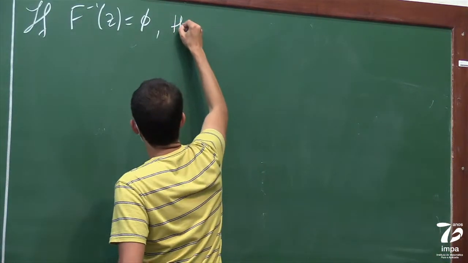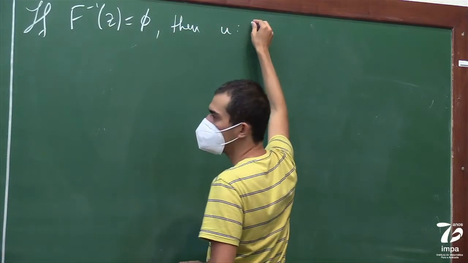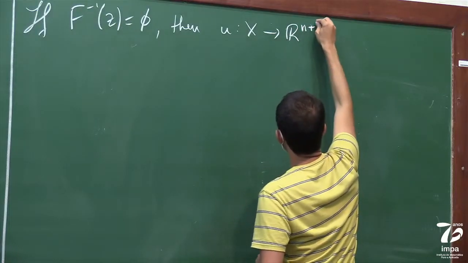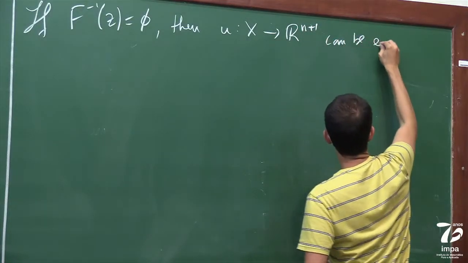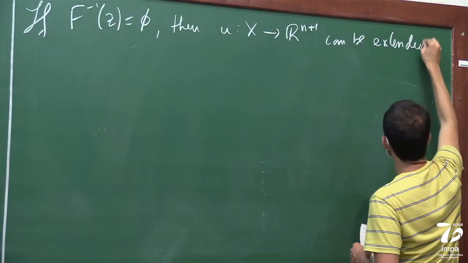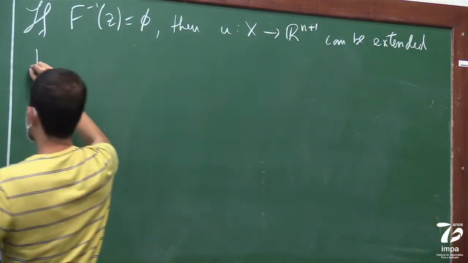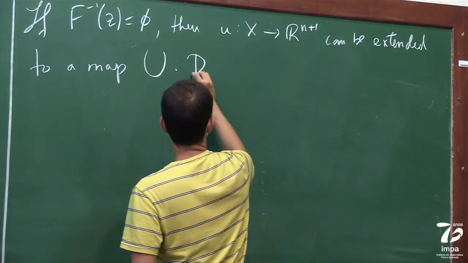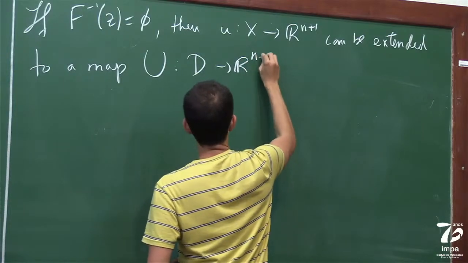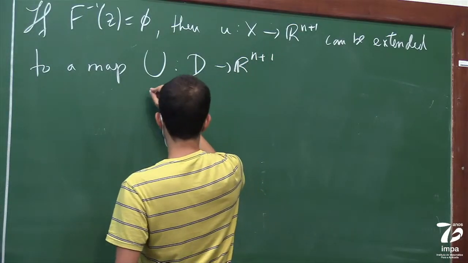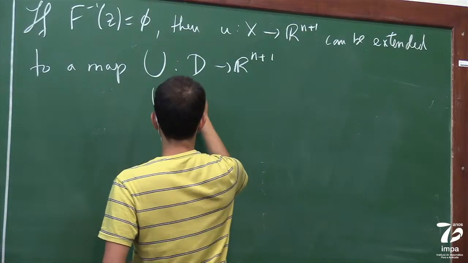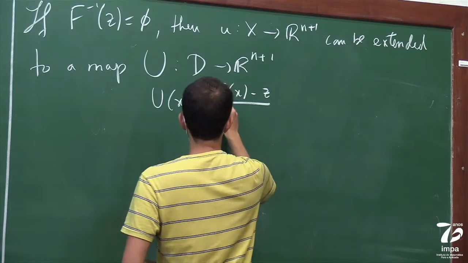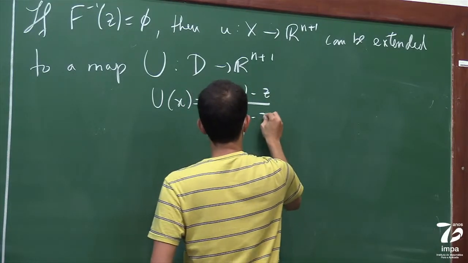That means that the map u, which goes from x to R^(n+1) minus 0, can be extended to a map that I could call capital U that goes from D to R^(n+1), which basically has the same definition but for capital F. So U of x equals F of x minus z over the norm of F of x minus z.